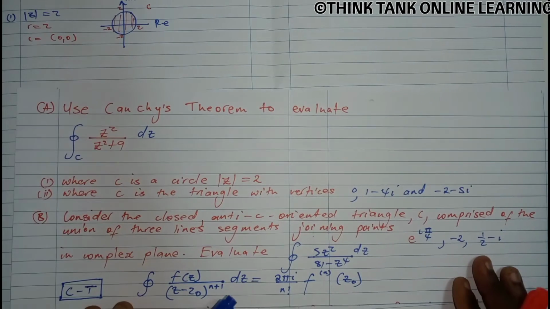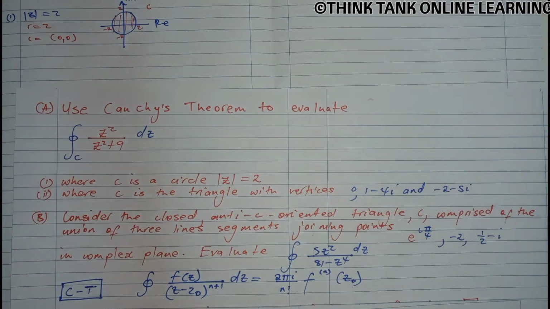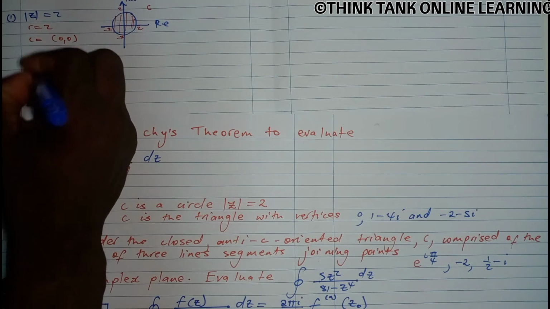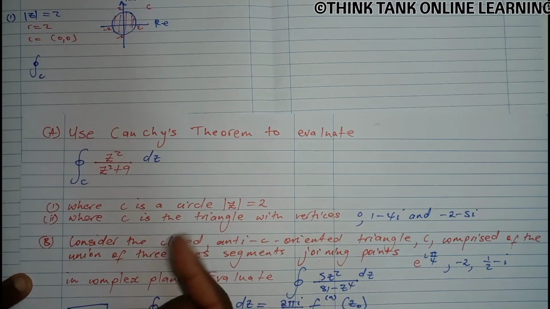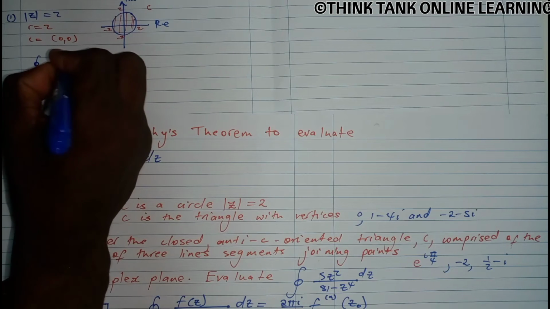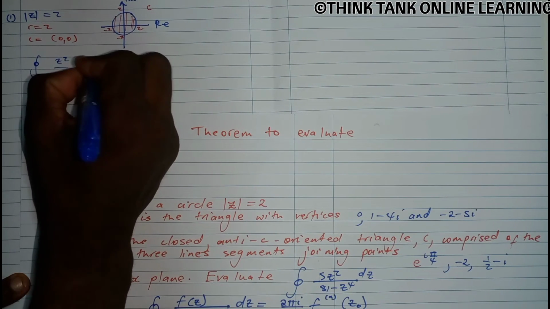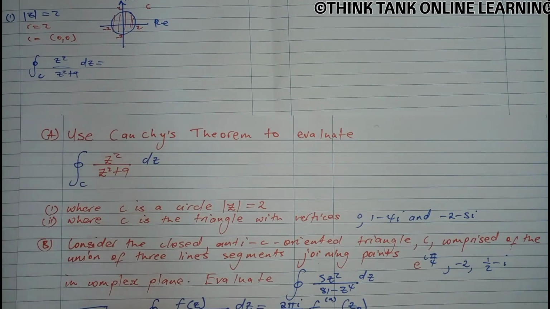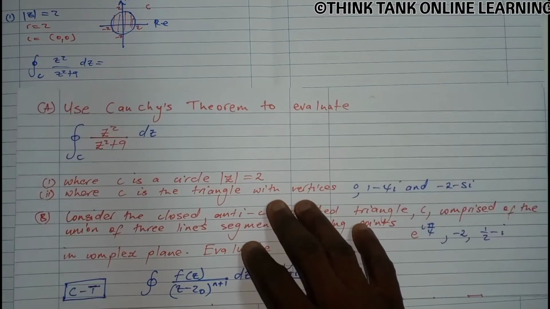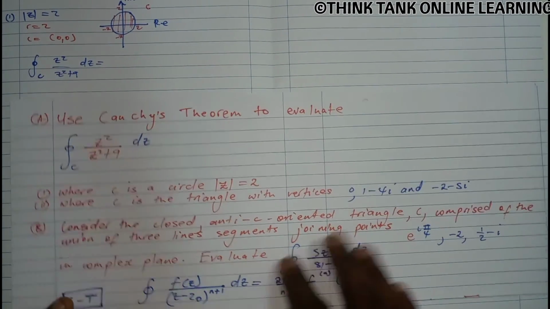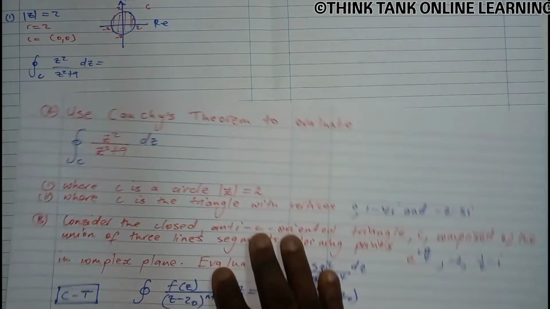Now I'm going back to my integral. The path is closed, and we have z squared over z squared plus 9, dz. If you look at the Cauchy integral theorem, we don't need z squared right here, we just need z. So how are we going to achieve that? Let's start by factorizing.